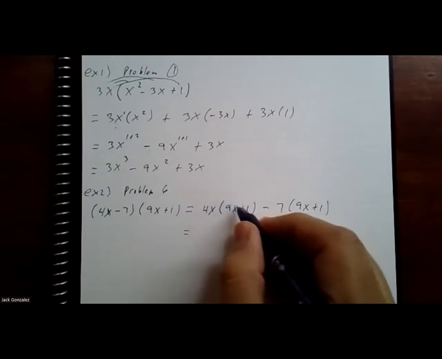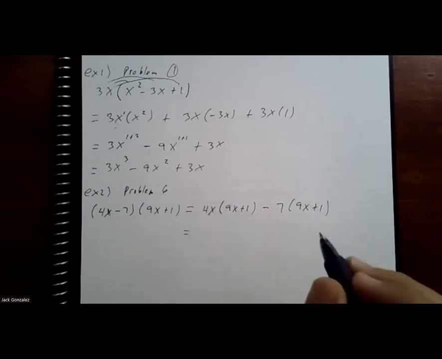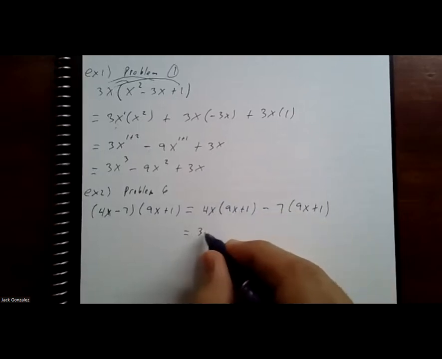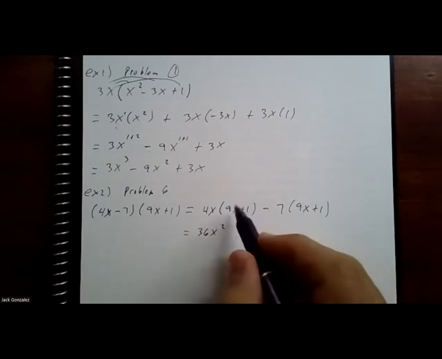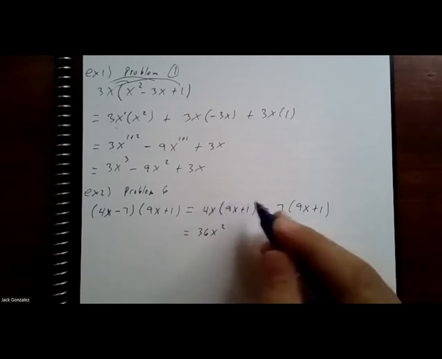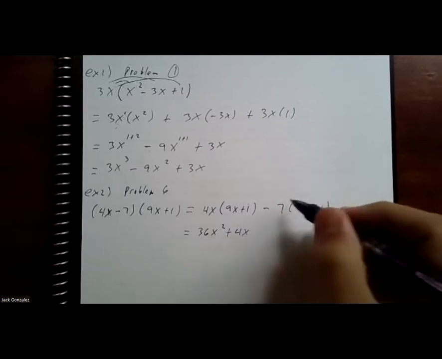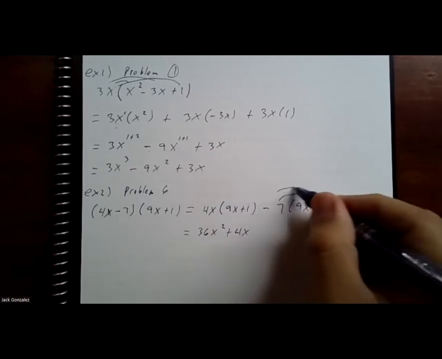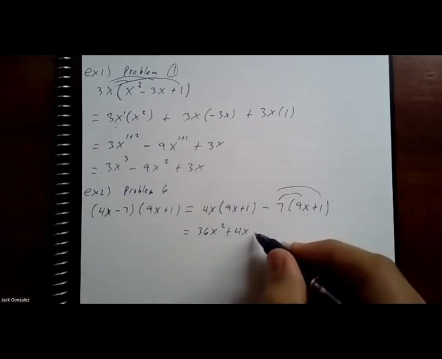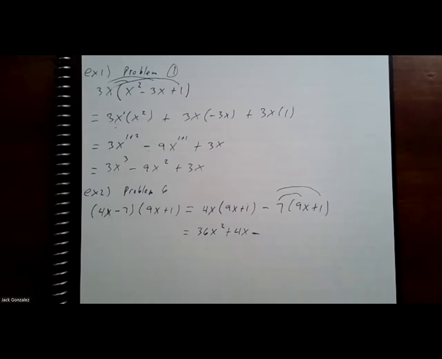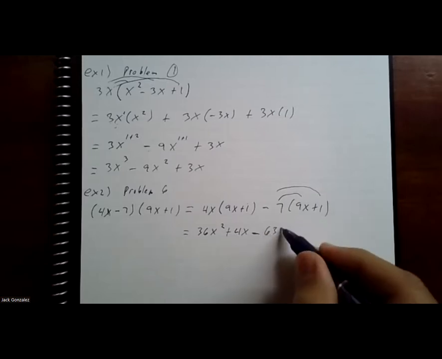So 4 times 9, x times x. That's 36, right? x squared. 4x times the 1. It's 4x. These are -7 times each of these. So that'll be minus 7 times 9, 63, right?